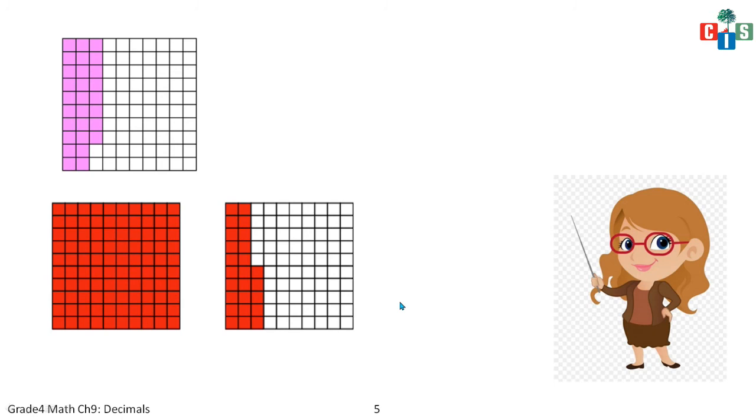Fine. Now let's take an example by coloring it, so it will be easier for you. The first example I have divided into 100 parts, and how many are colored? These 10 colored, these 20 colored, and these 28 colored. 8 parts are colored. So I have 28 out of 100 blocks colored, and it can be written as 0.28.